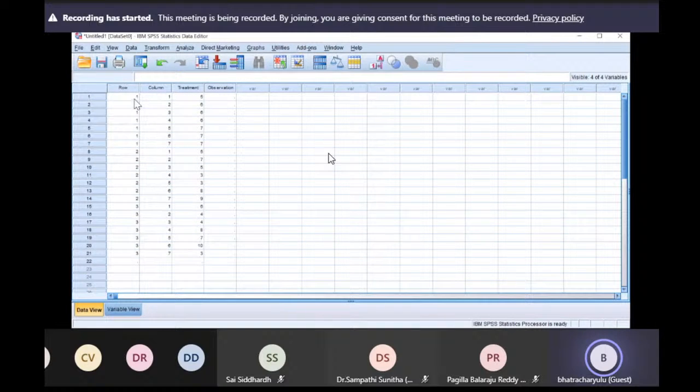Now you take the 5 by 5, 4 by 4 Latin square design. Only 4. 1 2 3 4. I'm canceling it. Delete. Select everything and delete. You delete all. Then you write a 4 by 4 lattice square design. Yeah. 1 2 3 4. Next again 1 2 3 4. No. Don't write like that.